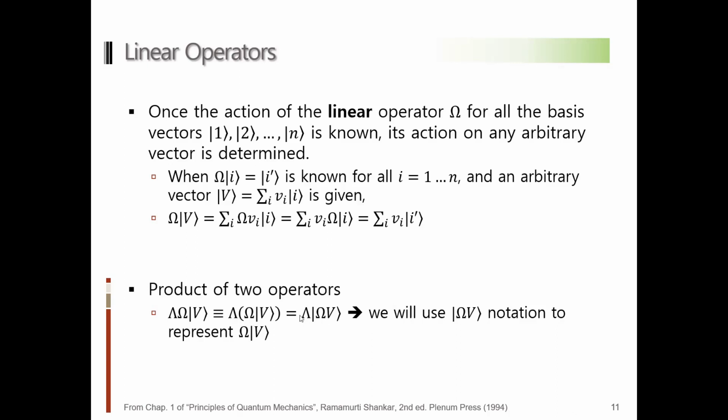Sometimes we will use this notation to represent that the result of this operator is working on this vector. So this is simply the definition of the product of two operators. And from this property, we can also derive many interesting results.